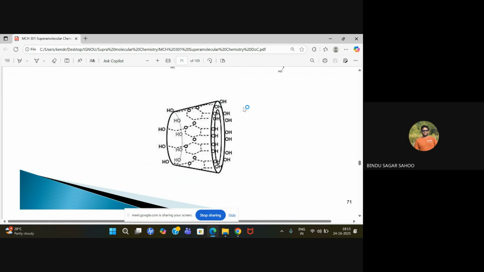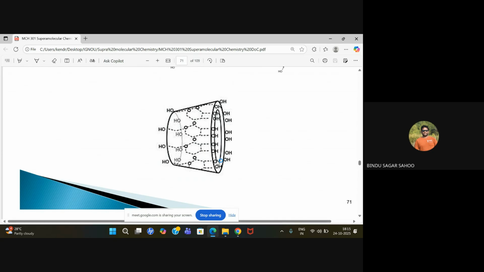Someone can say if the outer is hydrophilic, the interior will be hydrophobic, but it's not hydrophobic. It has a less hydrophilic nature, and the outer side groups are more hydrophilic. So the inner part is less hydrophilic, but the outer part is more hydrophilic.